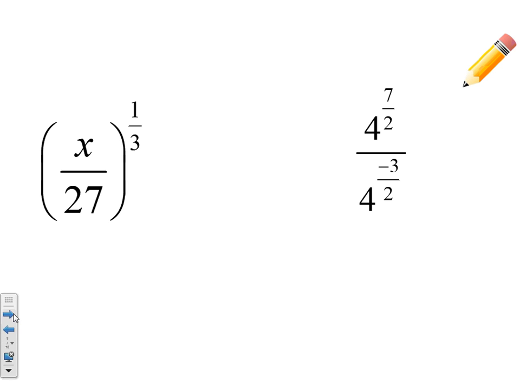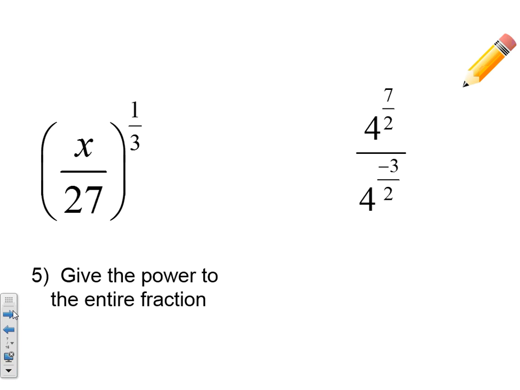And the last two. Again, if we have a fraction inside, we go ahead and make sure that we give the power to everything. Okay, top and bottom of that fraction. So if I was going to simplify this one, I'd say this is x to the 1/3 over 27 to the 1/3. And there is even one more step that we should do to simplify this.